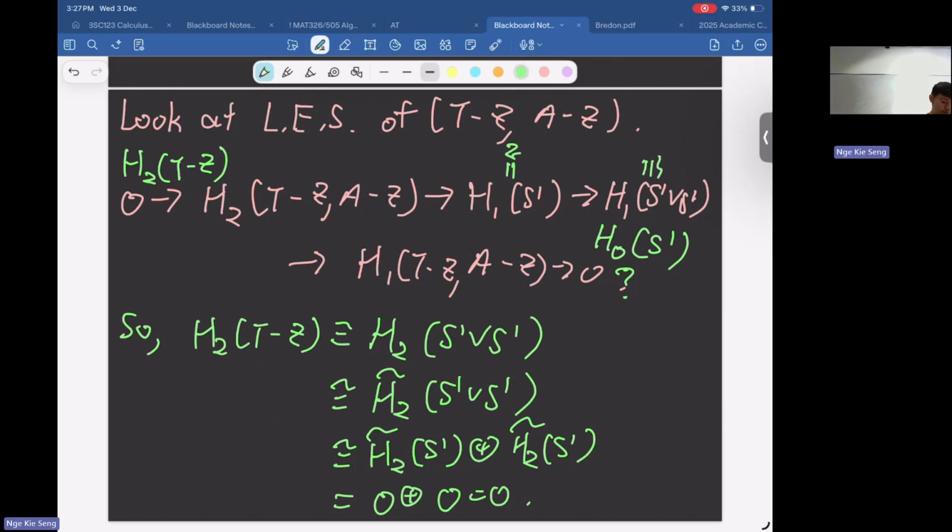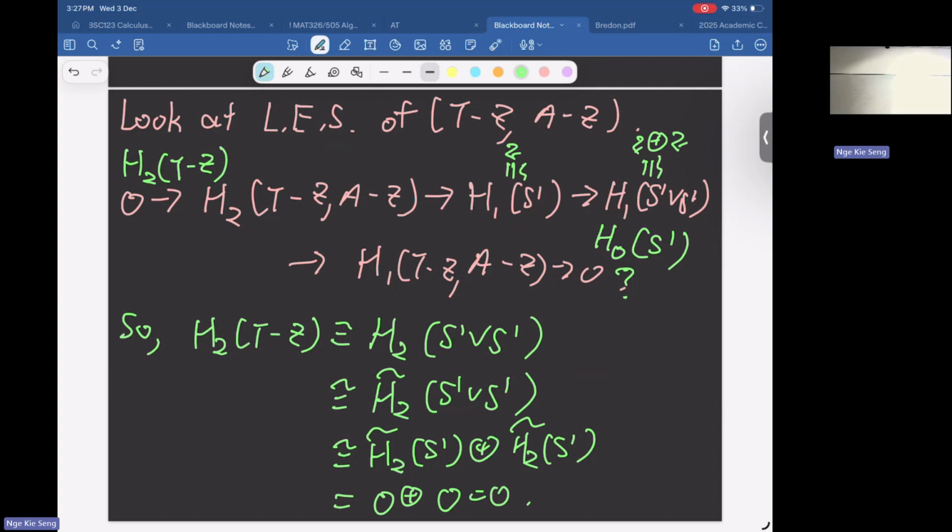What's the map here? Okay, so let's look at this map first. So what's this map? Do you know what this map is?